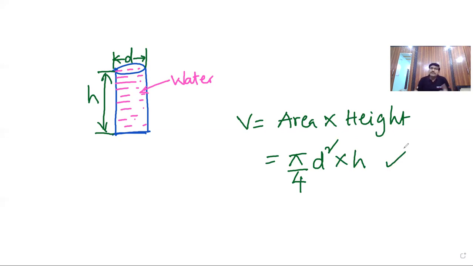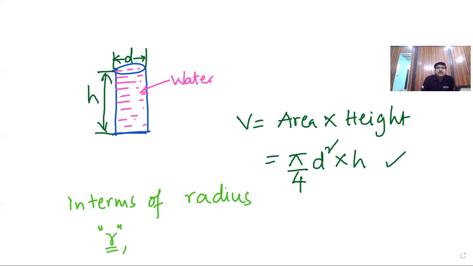Suppose you want to find it in terms of radius, small r, the radius of this circular section.